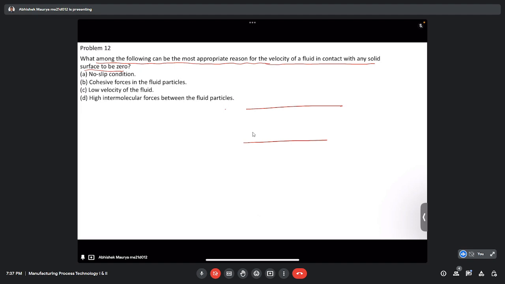Suppose this is the pipe, or for most relevance, let's assume it is a runner. Both are similar conditions. So inside the runner, what happens? Molten metal comes and flows through the runner.